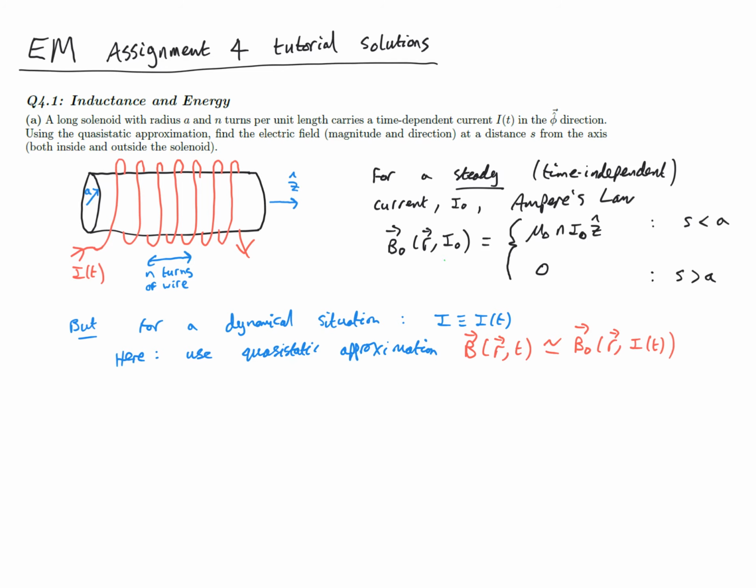And here I'm really just using this result in here. So this is clearly an approximation, but it turns out it's rather a reasonable one if our time dependence of the current is not very, very quick. So that's the approximation. So let's go ahead now and calculate the electric field that follows from the flux rule.